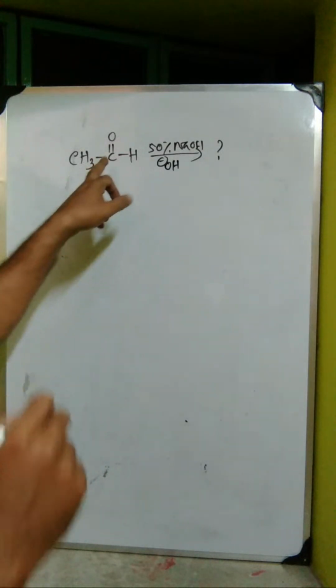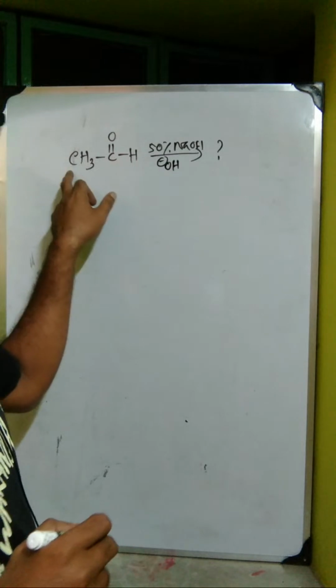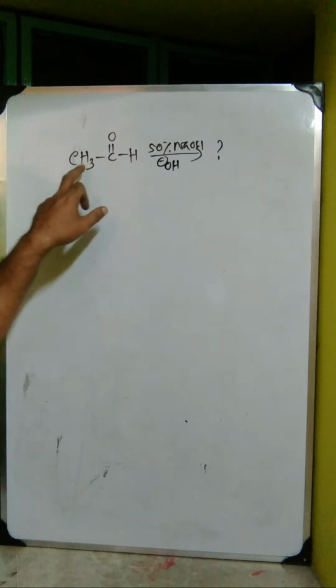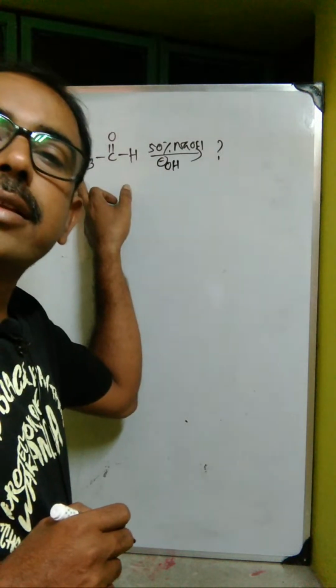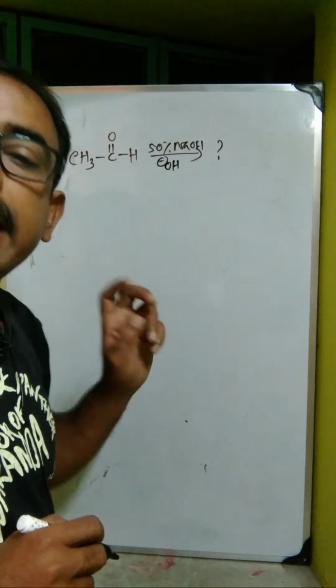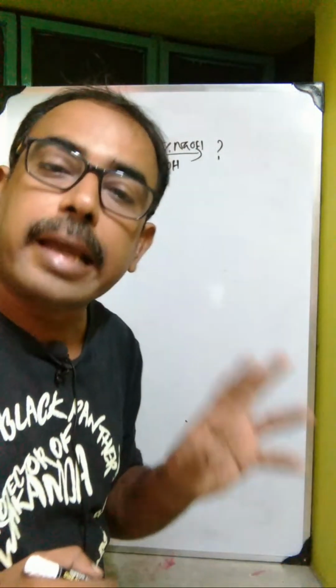Now this carbon is called the carbonyl carbon and this carbon is called the alpha carbon. The hydrogens bonded to this alpha carbon are called alpha hydrogens, and these alpha hydrogens are acidic in nature. Acidic means they can be released as H+ ion.